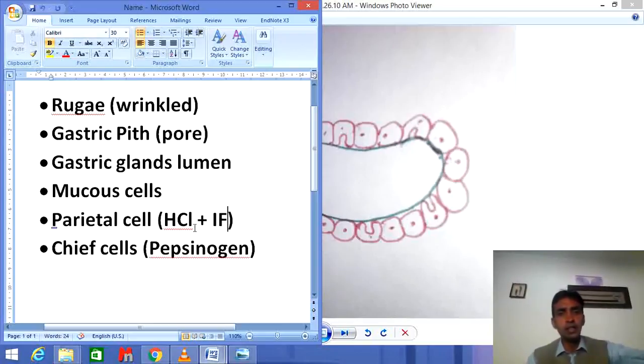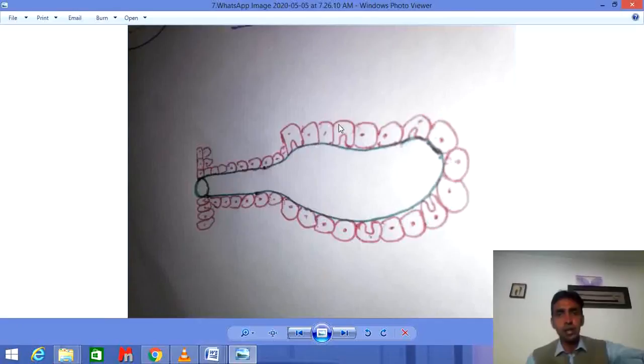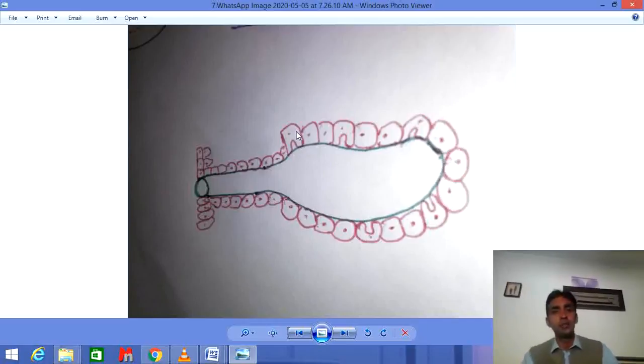So the parietal cell secretes two things. One is the HCl, and the other is a type of glycoprotein. That glycoprotein is called intrinsic factor, and it is secreted into this lumen.